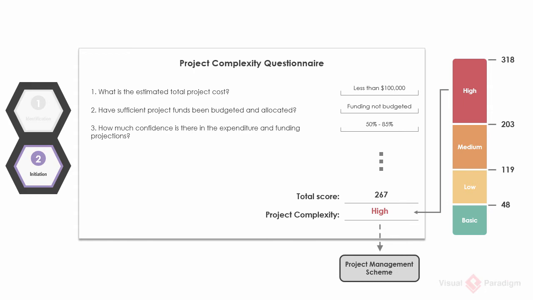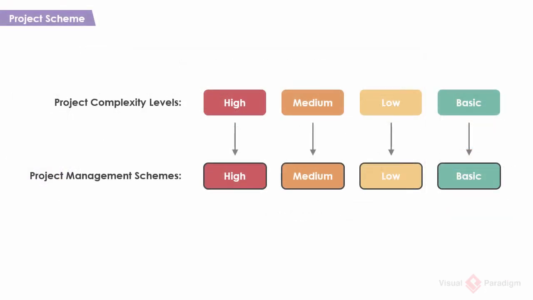Let's see what a project management scheme is. We know that the result of completing the project complexity questionnaire is a complexity score, which determines the classification of project complexity, namely basic, low, medium, or high. Each of these four levels of project complexity corresponds to a specific project management scheme.